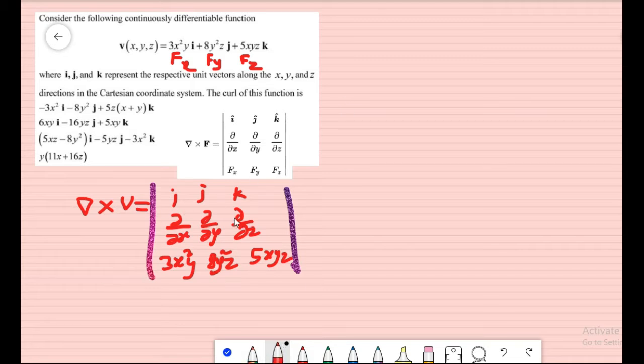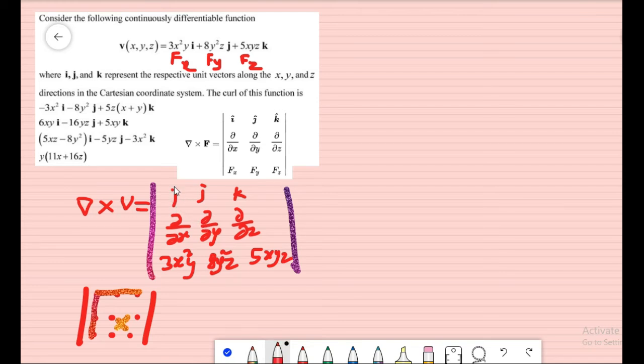Then while finding the determinant, first we'll solve. The first step is here, if you consider three rows and 3 columns, cross these two, first row and the first column, then do the operation for the remaining 4 terms.